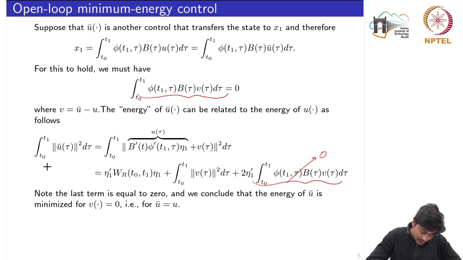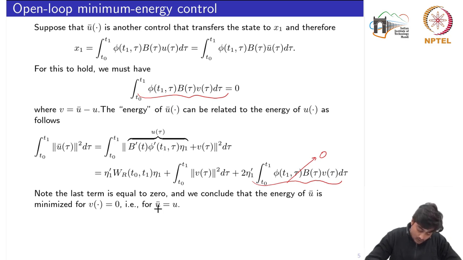The remaining part is that the energy in the control signal u bar would be minimum if and only if this v itself is 0, because using the property of the norm, it would be either 0 or positive. So v needs to be 0 to have the minimum energy of the u bar signal.